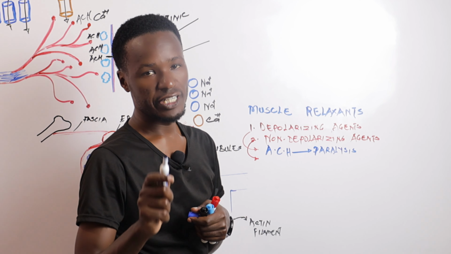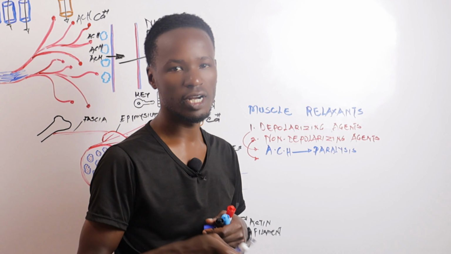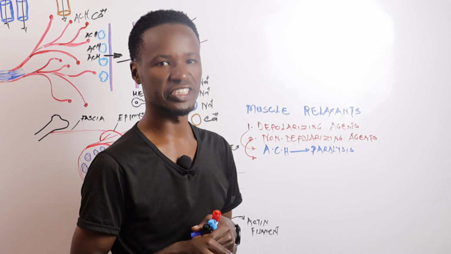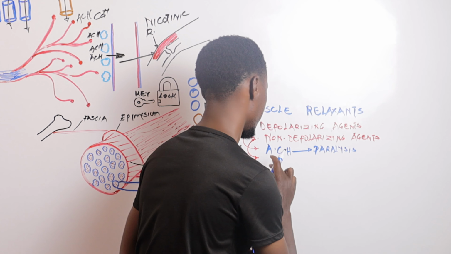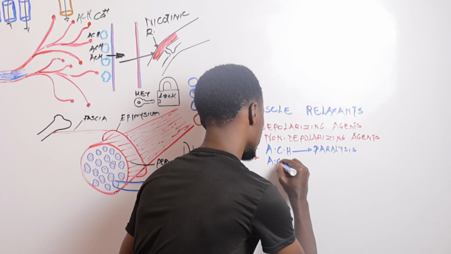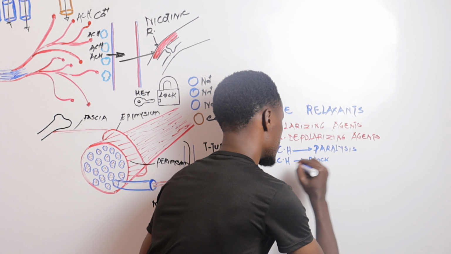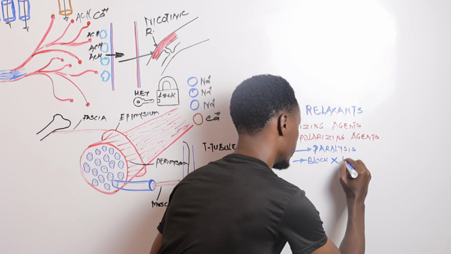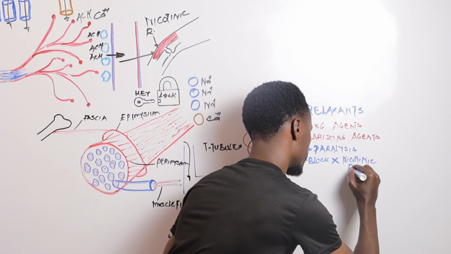Well, for non-depolarizing agents, what these medications do is that they block the acetylcholine from attaching itself to the nicotinic receptors in the muscle cell. So we have got mimickers and blockers. For non-depolarizing agents, they block acetylcholine from attaching itself to the nicotinic receptors.